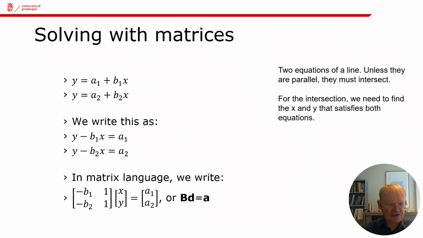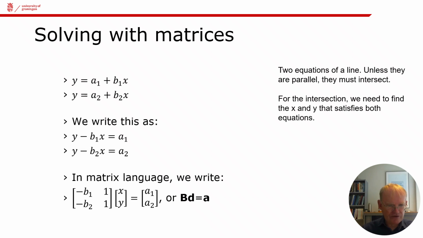And then, you can read this one if you want. So a1 and a2, that's equal to minus b1 times x plus 1 times y equals a1, and that's essentially the first equation. So this is how to make a matrix from that.